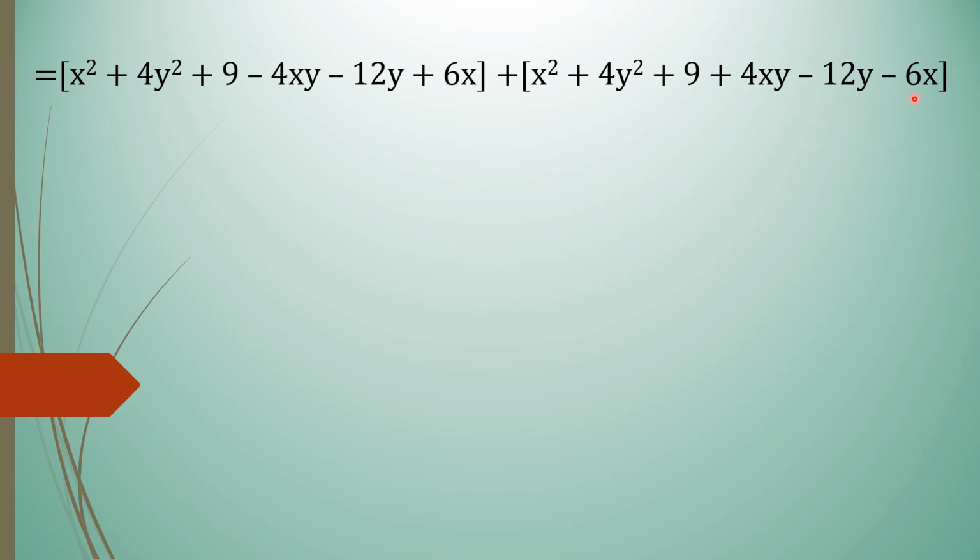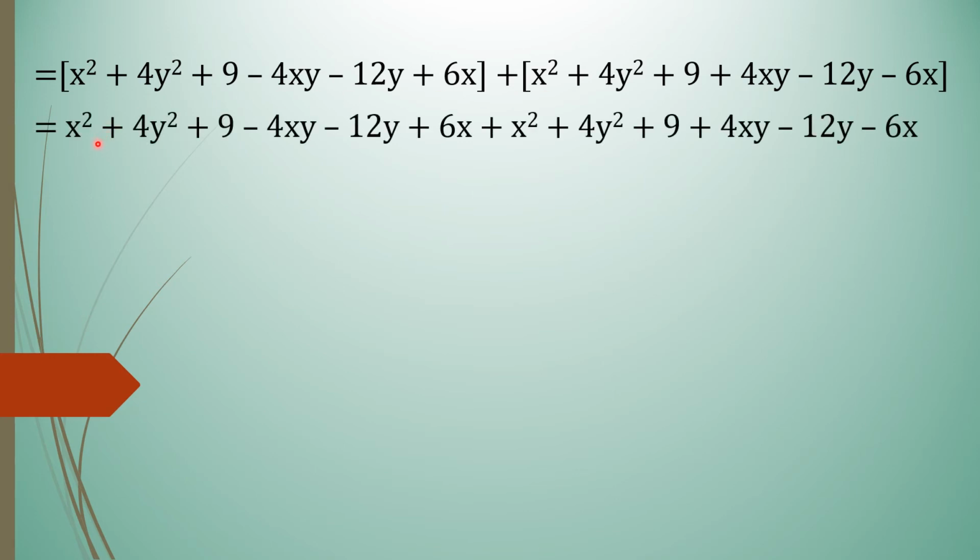So we'll remove the brackets and we'll get x square plus 4y square plus 9 minus 4xy minus 12y plus 6x. The terms from the next bracket also come out: x square plus 4y square plus 9 plus 4xy minus 12y minus 6x. Okay, now students, you can see cancellation of terms takes place.